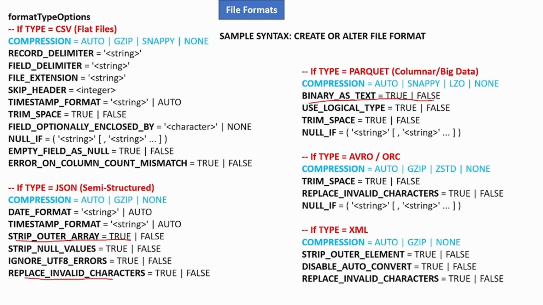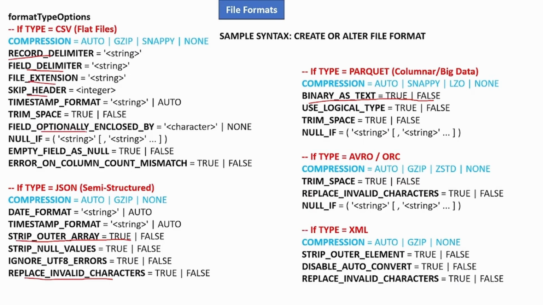If you look at any kind of file type, there is a common file format type option, that is compression, so it's everywhere. Other very important ones are record delimiter, field delimiter, and file extension, and obviously skip header. These are very, very important.